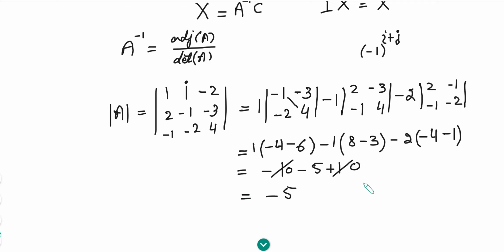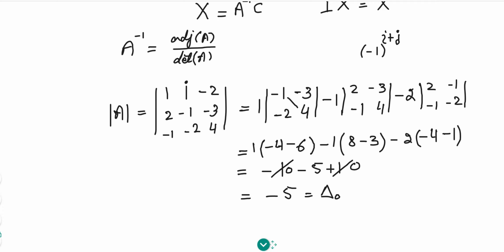So now what we can find here is the determinant. Now we need to find the adjoint of A. Before that, we can mention this determinant as delta naught, which we will use later.